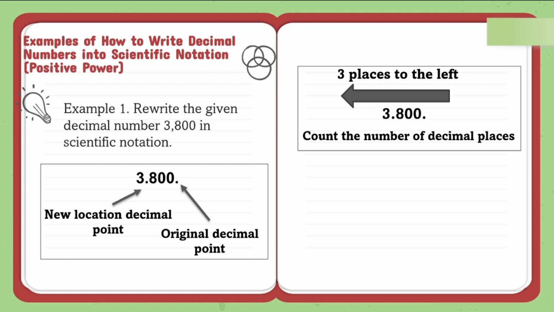Putting them together, our final answer is 3.8 times 10 raised to 3. And always make sure that the C value has the decimal point right after the first digit, which is the case here.